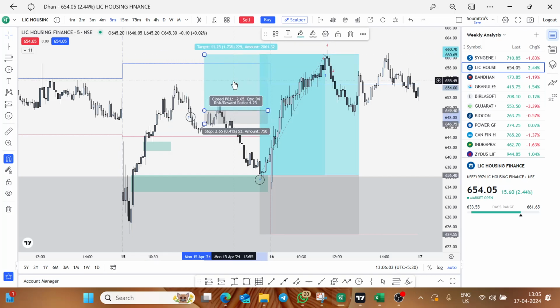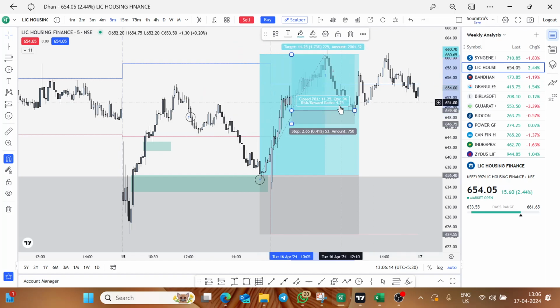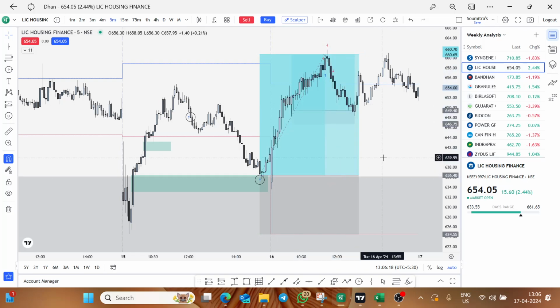So as we can see, this first trade gave us 4.25:1, and this is 2:1. So in total, it was 6:1, 6.5:1, something like that. So that was my trade idea.